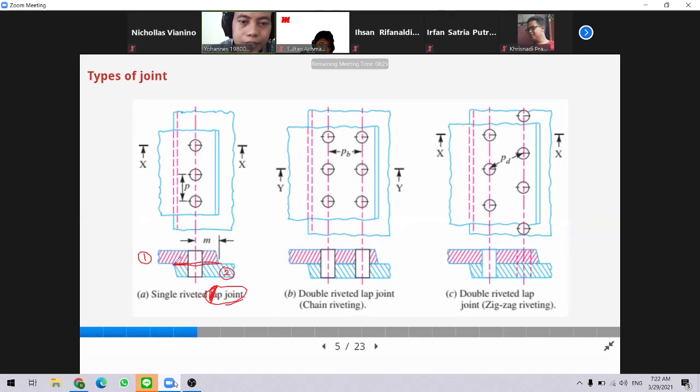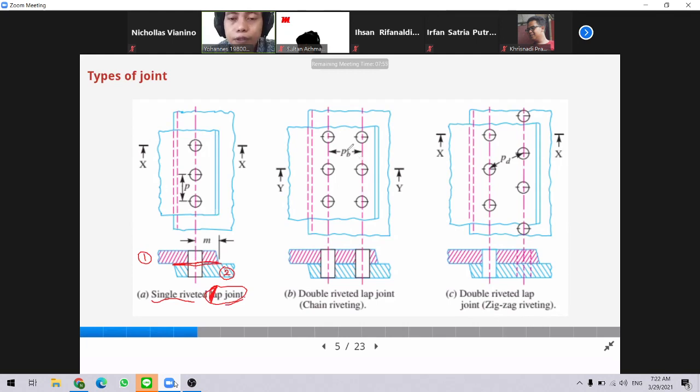Because we only have a single column of rivet, we call this a single rivet lap joint. To increase the strength of the rivet joint, we can put another column of rivet.